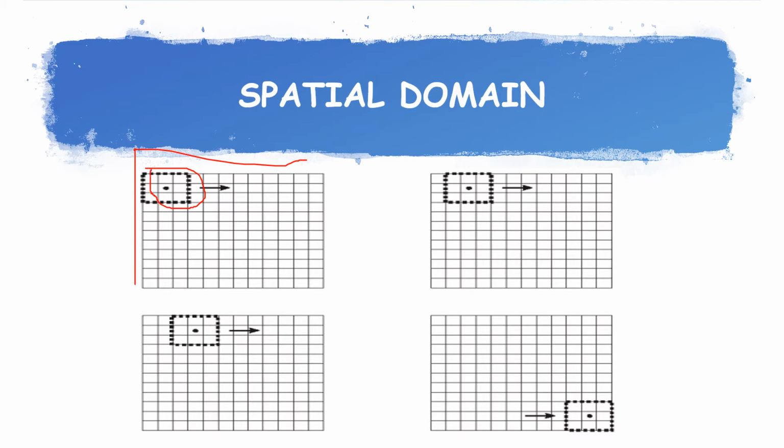Starting from the top left corner, from the left corner you're going to apply this operator to each pixel to give an output image g at that particular location. See here, this pixel is moved one by one as shown in the diagram.